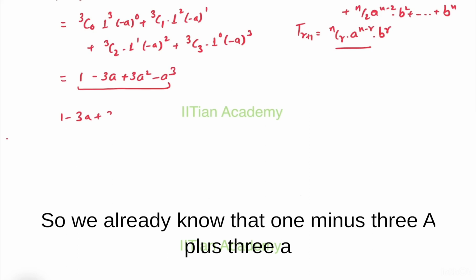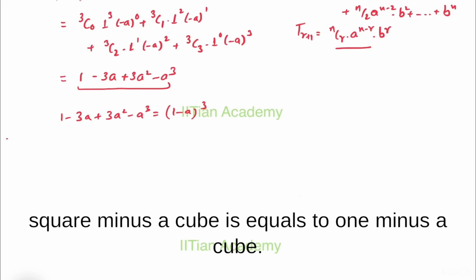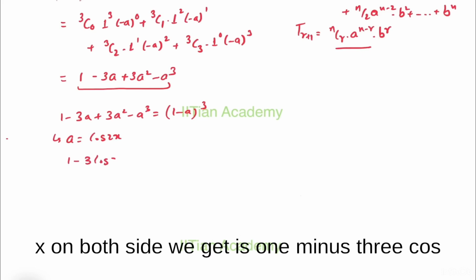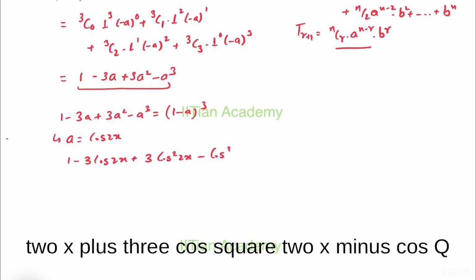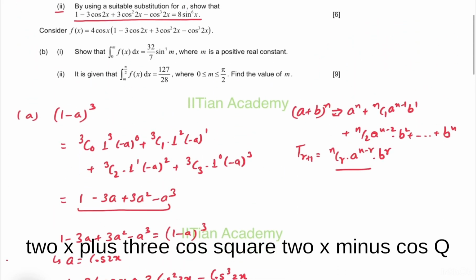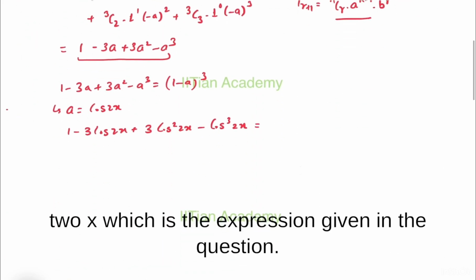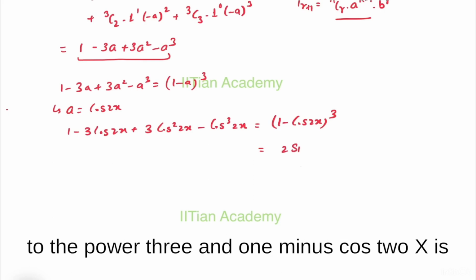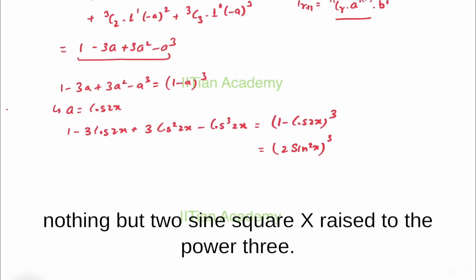We already know that 1 - 3a + 3a^2 - a^3 equals (1 - a)^3. If we place a as cos 2x on both sides, we get the expression given in the question, equal to (1 - cos 2x)^3, and 1 - cos 2x is nothing but 2 sin^2 x, all cubed.